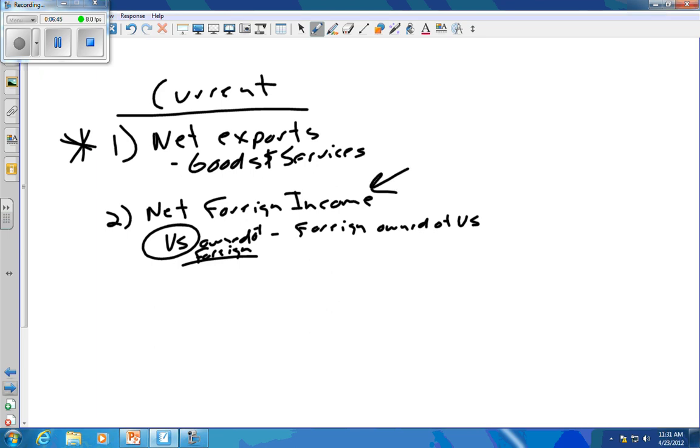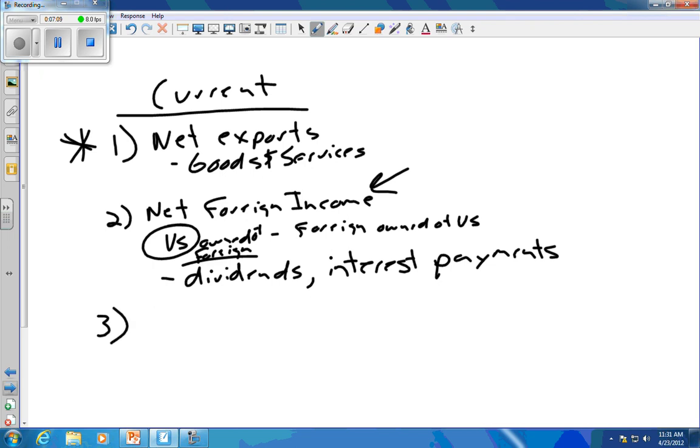Okay, so you want to think of like dividend payments, dividends, and interest payments tend to be the two biggest ones. So if you own stocks and bonds from foreign countries, the payments on those, the interest payments and the dividend payments, not the actual stocks and bonds themselves, are in the current account. Okay, we'll talk about that in a second.